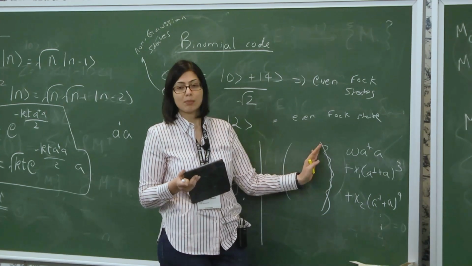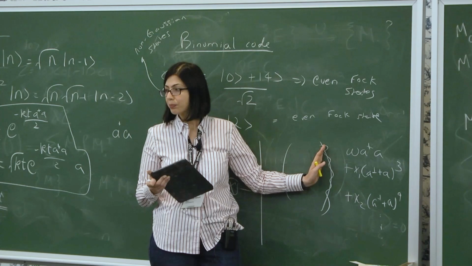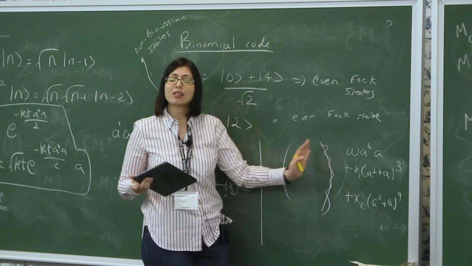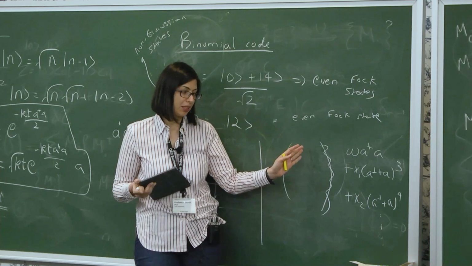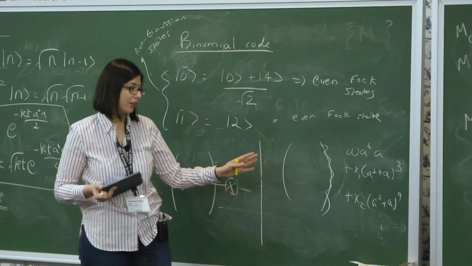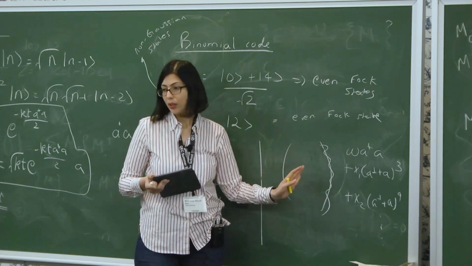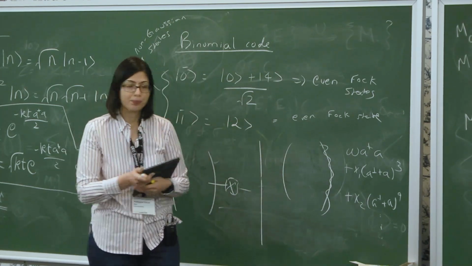Those Kerr-cats are made in a nonlinear oscillator itself. There are proposals to build GKP states, for example, with highly engineered nonlinear Hamiltonians, but we won't go into that. I'm just going to talk about a simple Kerr-cat qubit.